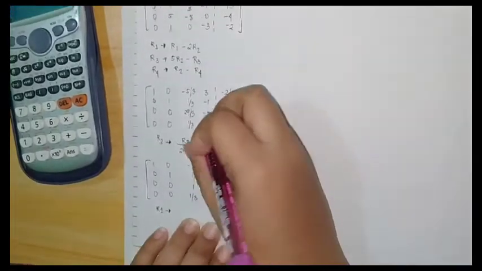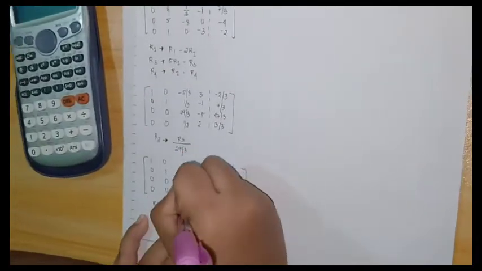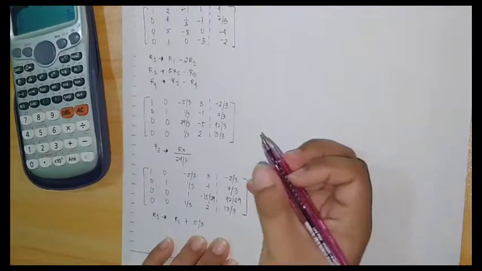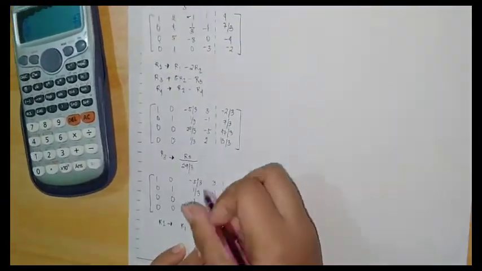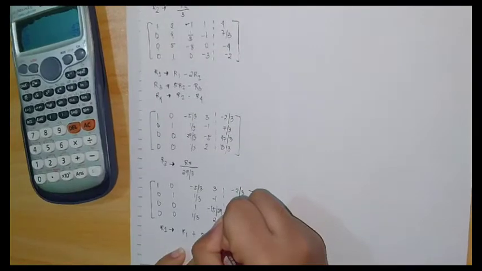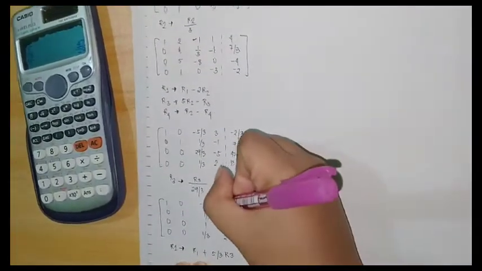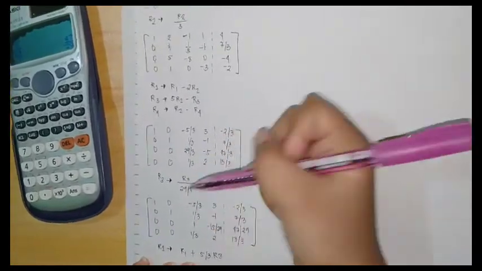So we have R1 plus 5/3 R3 to make this into 0.